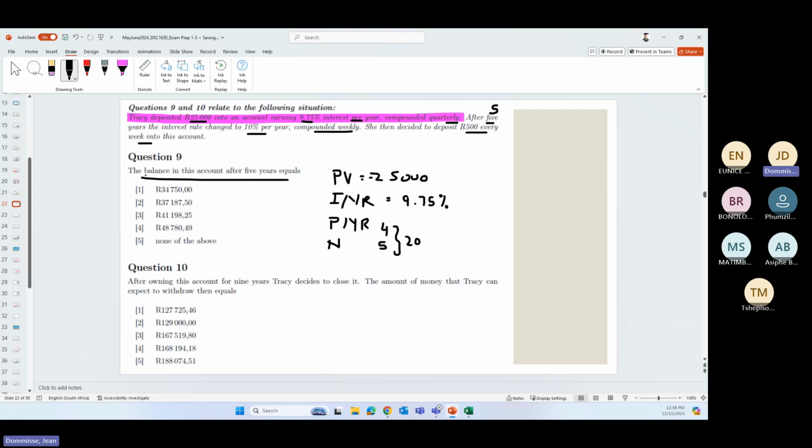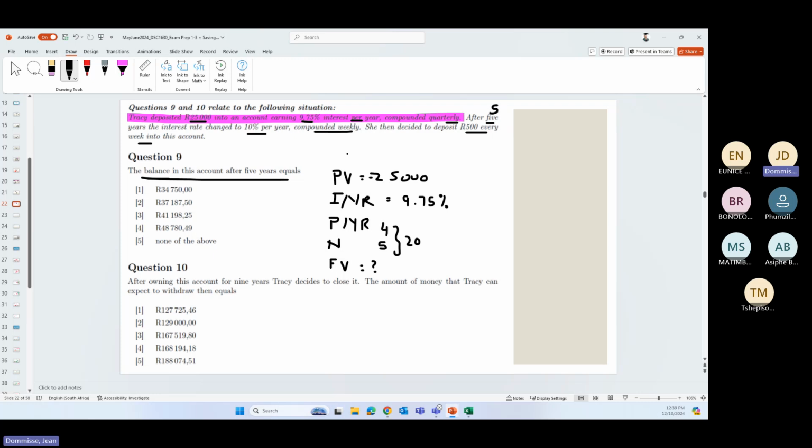We want to find out what's the balance after 5 years, so we want to know the future value after 5 years. Here we did not have a monthly or quarterly payment. It was a once-off deposit, 25,000 as a present value, no PMT, 9.75 interest per year.